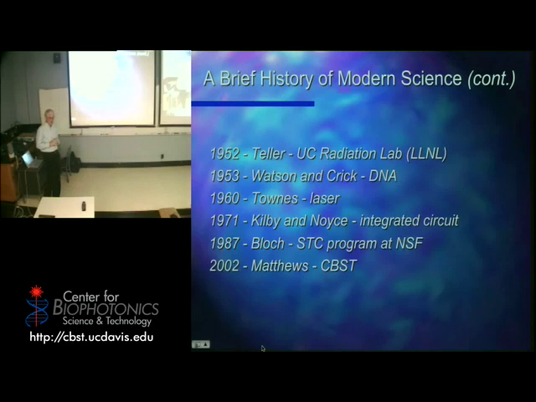And so the integrated circuit was invented, and Noyce didn't live to see it, but Kilby lived long enough to get the Nobel Prize for that invention, and of course with the ubiquitous role that it plays in our lives.